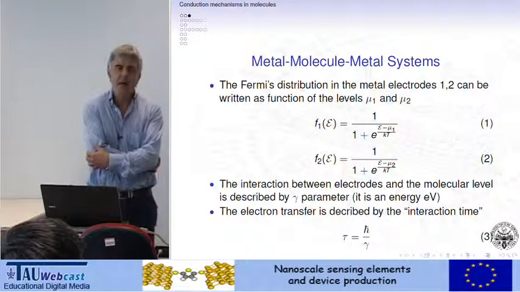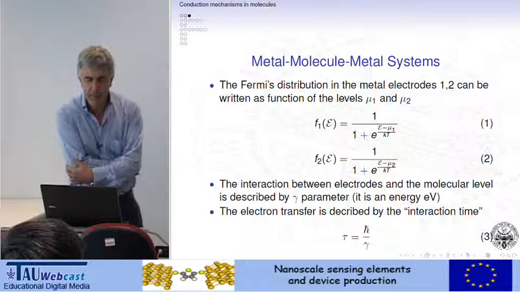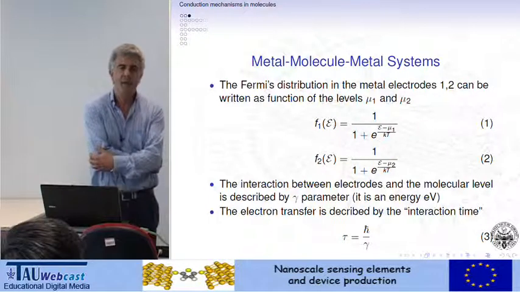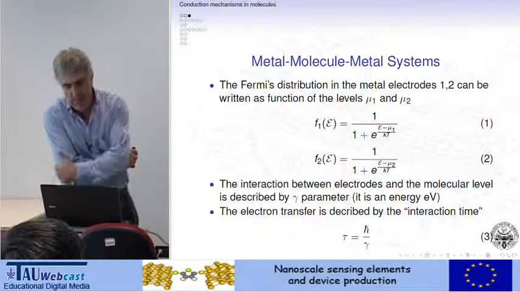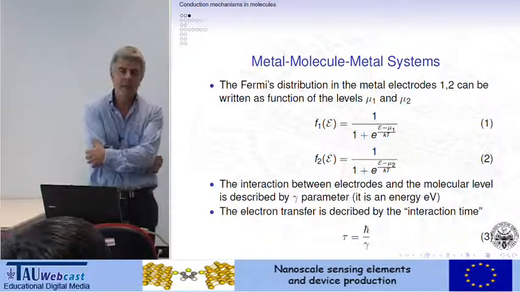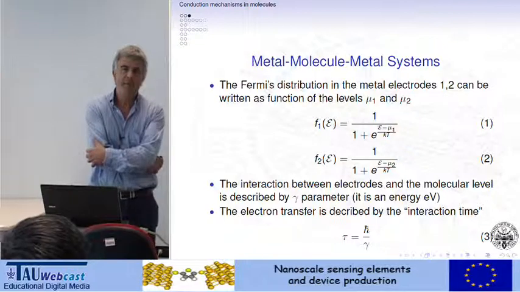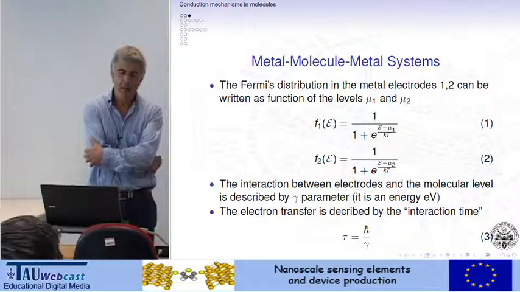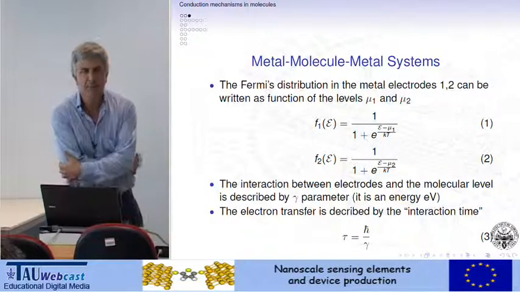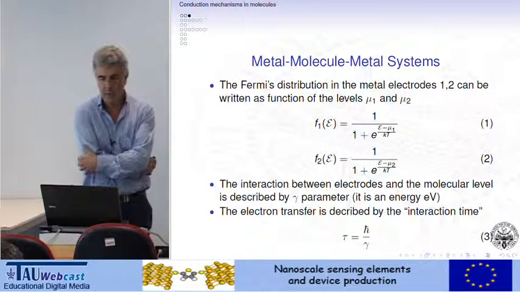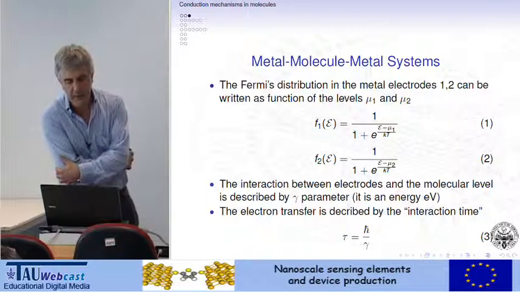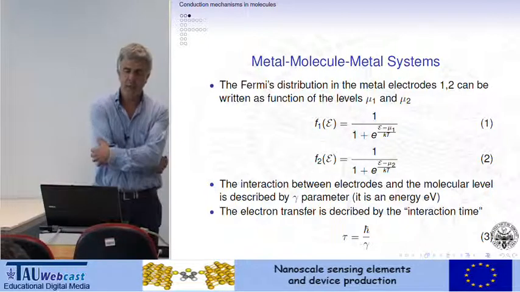This function, as you know, gives us the probability that one state is occupied. So when I write F1 of E, where E is the level, it is the probability that the state with that energy is occupied. This is true on the electrode 1 and on the electrode 2.